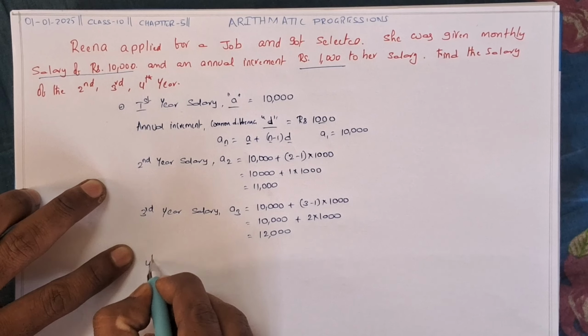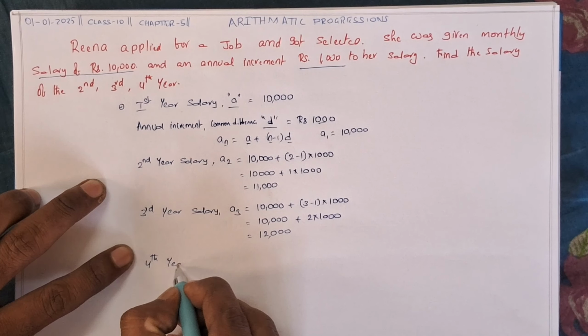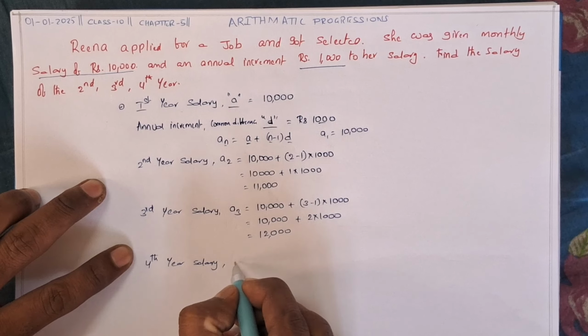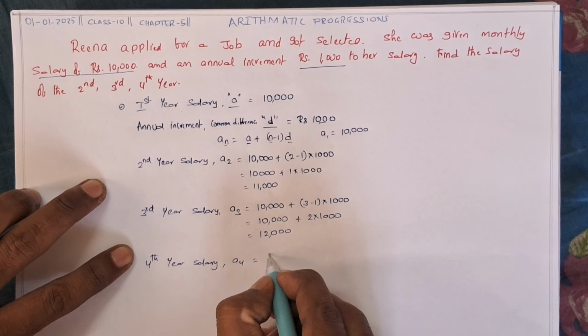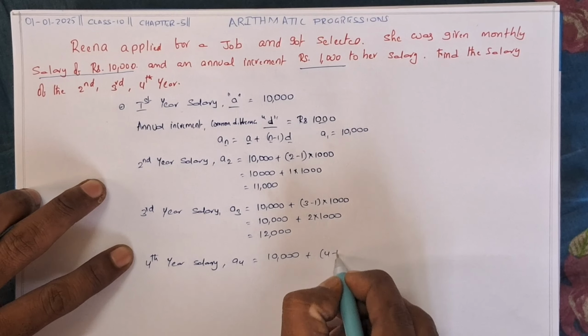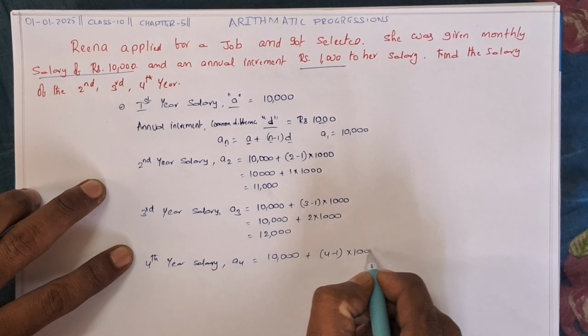Similarly, fourth year salary a4 is equal to 10,000 plus (4 minus 1) into 1,000.